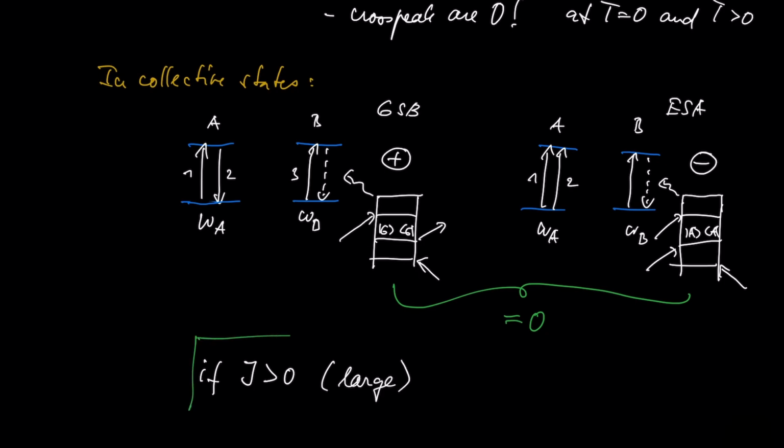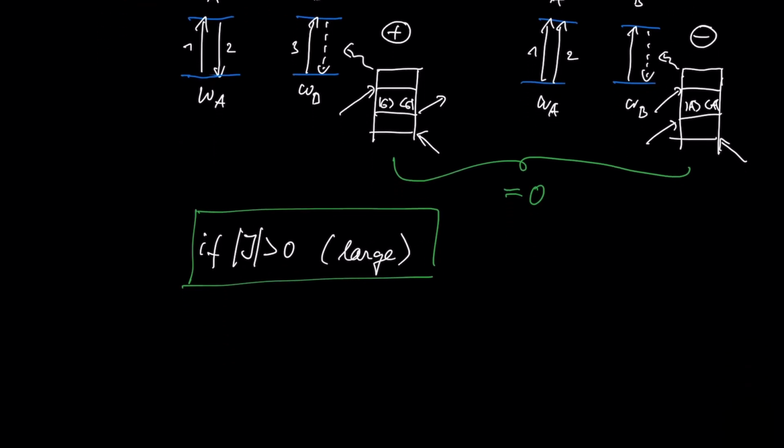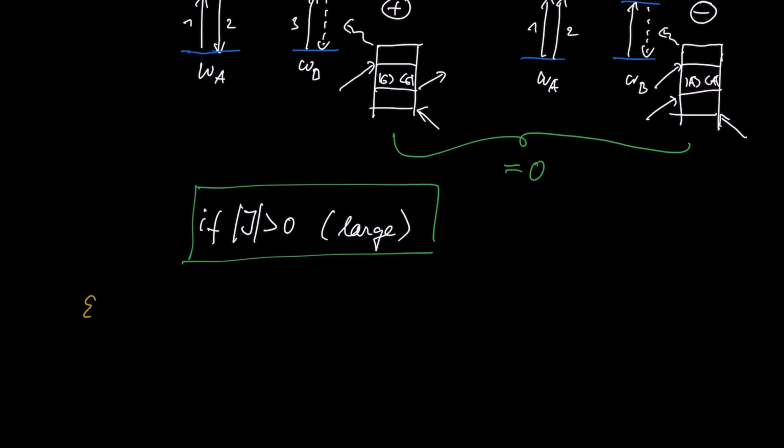Well, in fact, it has to be larger than 0 in absolute value. And what happens in this case? Well, in this case, very often one can see that the eigenstates of the Hamiltonian are no more those simple collective states that we have defined before. So the eigenstates of the Hamiltonian are delocalized.